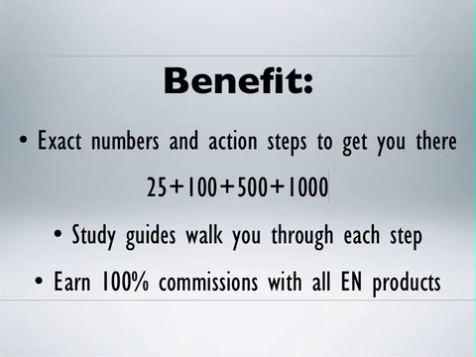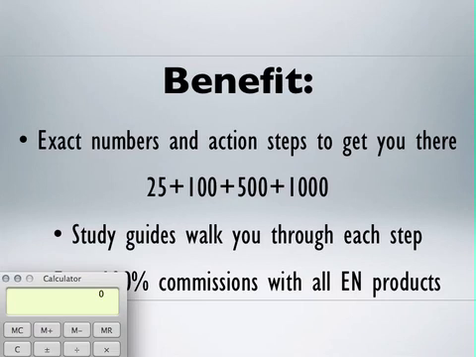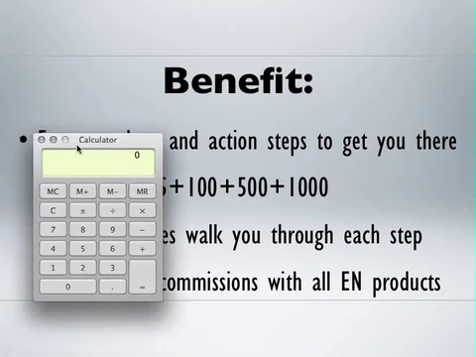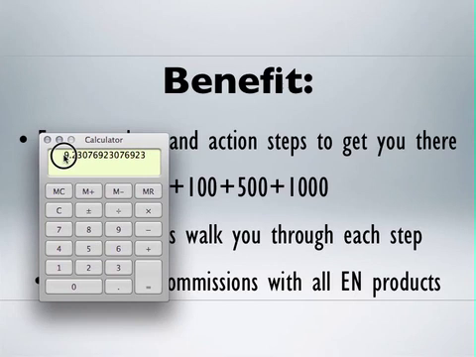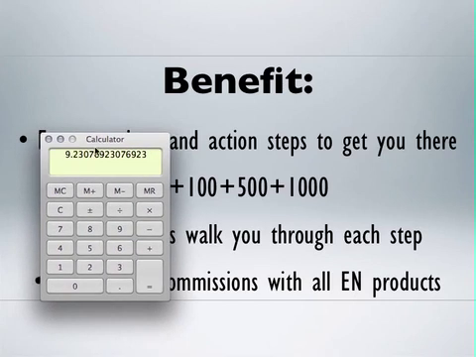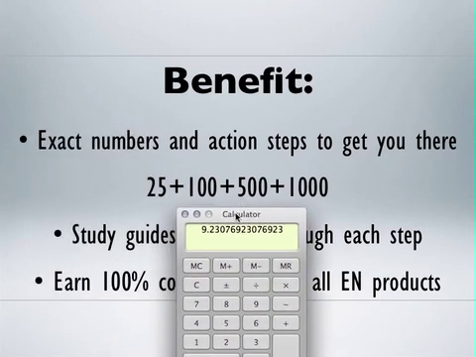Now, if you do the math, what are we looking at here? We're looking at 1625. Okay, let's get my calculator up here. We're looking at $15,000 divided by 1625. That's only 9 people a month that you have to get in.